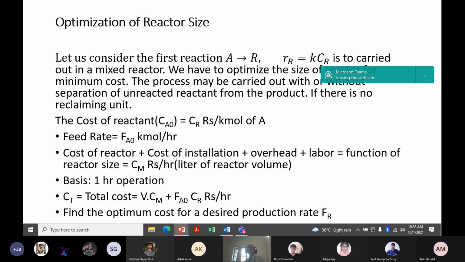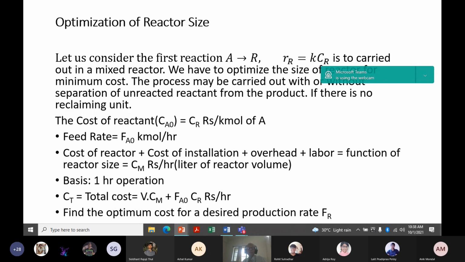Now this is the new topic: multiple reactors or single reactors, whatever it is, you have to optimize. So optimization with a single reactor will be described here.